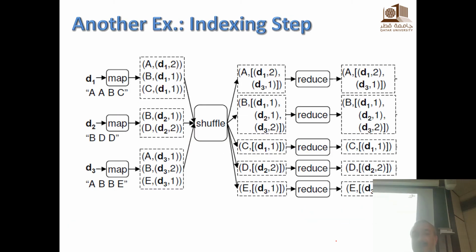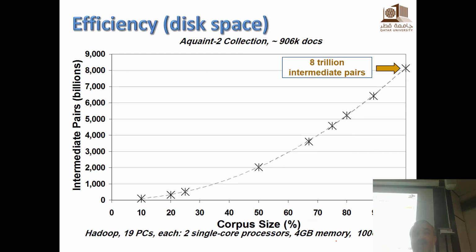That's why here we don't report the time. We just report the number of intermediate pairs in billions, because that's n squared. It's a huge number.